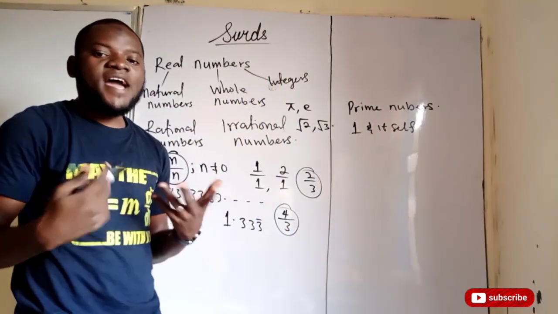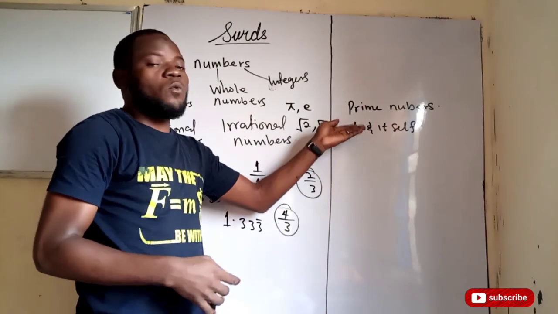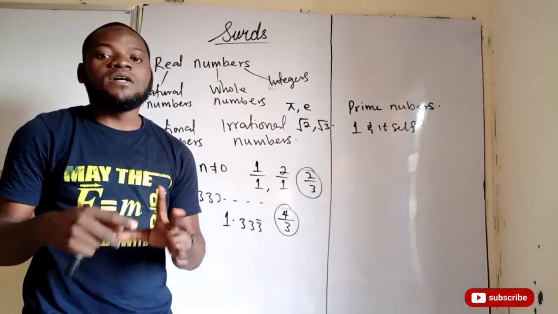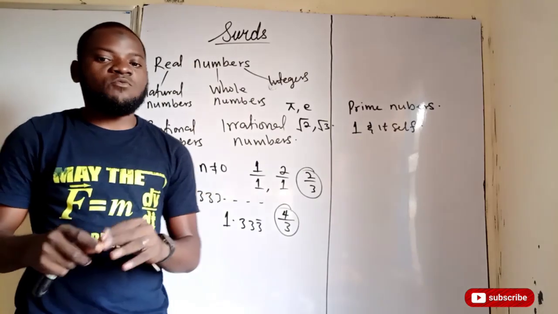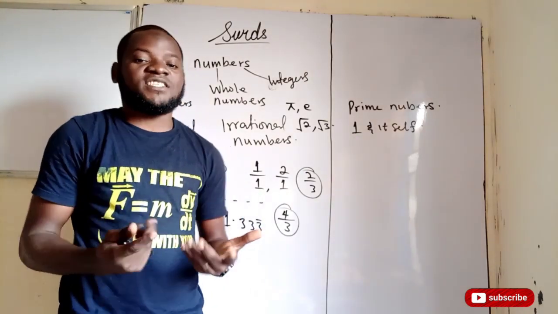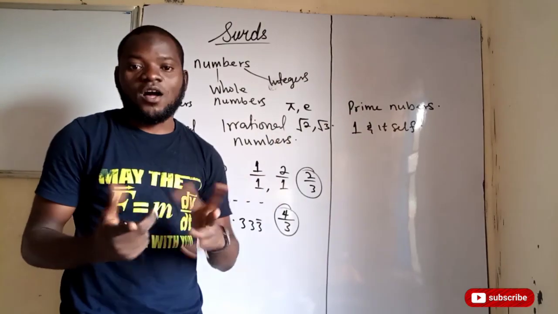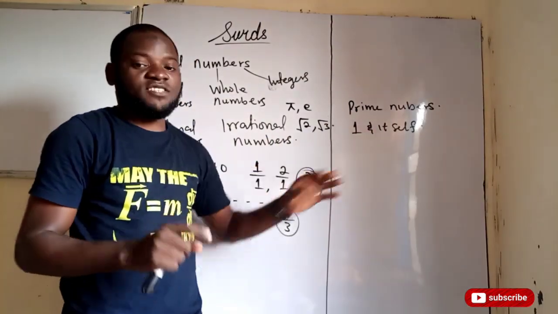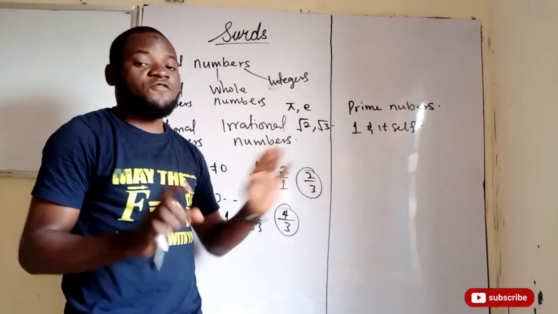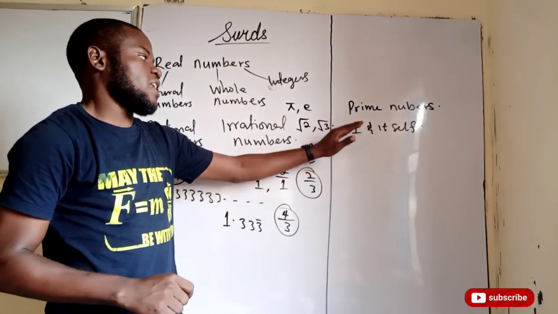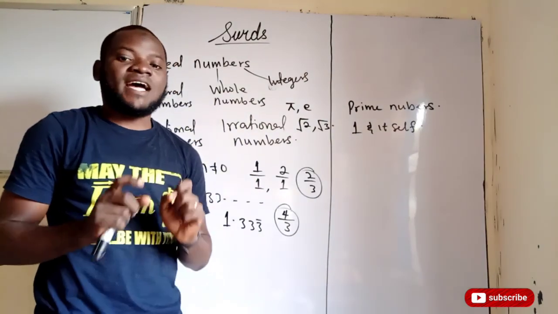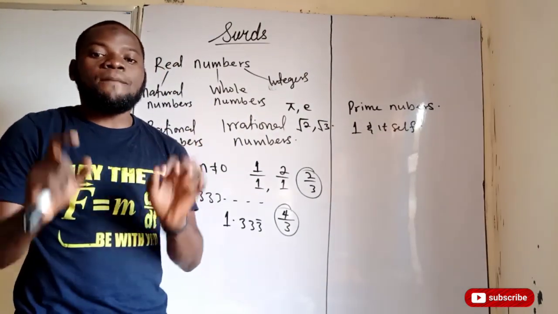I'm not dealing with number theory here, where negative factors would also be considered; we are only considering the positive factors. So when a number has only 1 and itself as factors, that number is said to be a prime number.